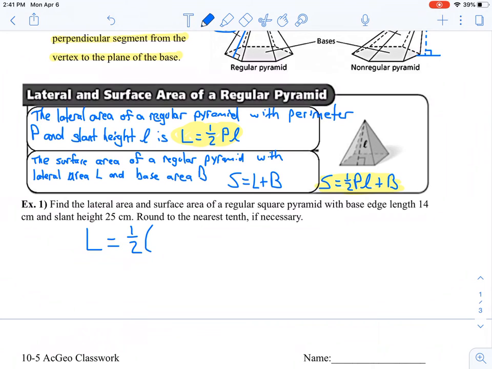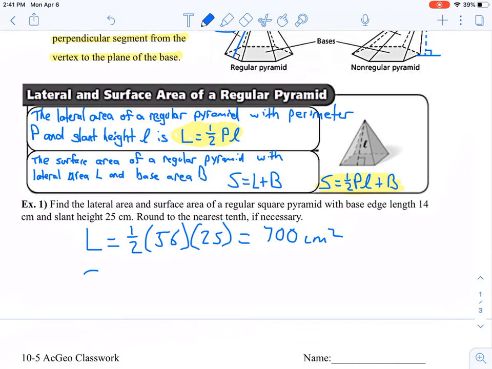So that would be 14 times 4, which is the same as 7 times 8, or 56. And the slant height is 25, for a grand total of 700 centimeters squared for my lateral area.